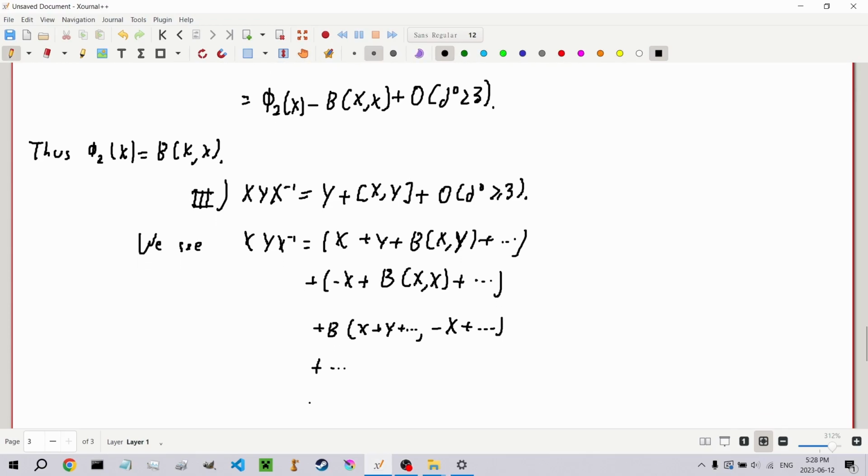Everything's just too high of an order, and so this gives us y plus x and y. If you cancel everything out, you get y plus the bracket of x and y plus just higher order stuff.